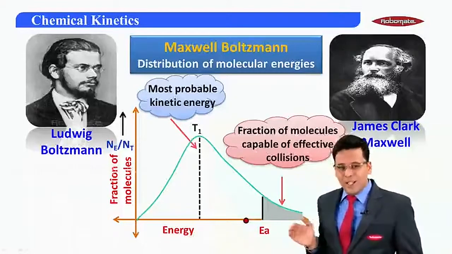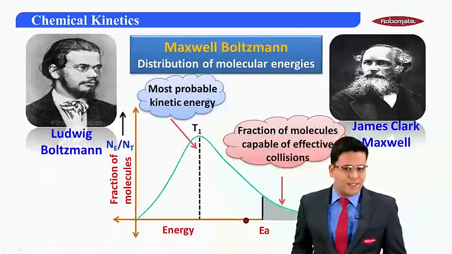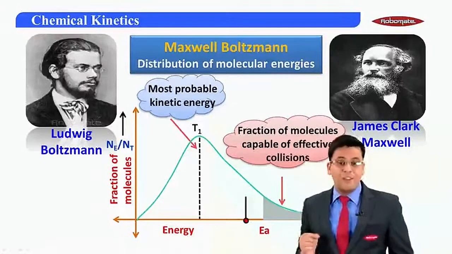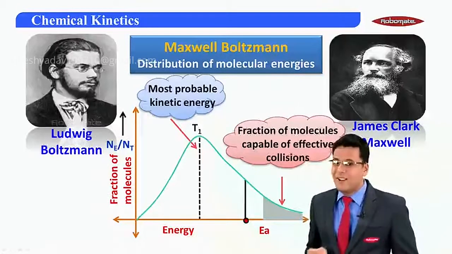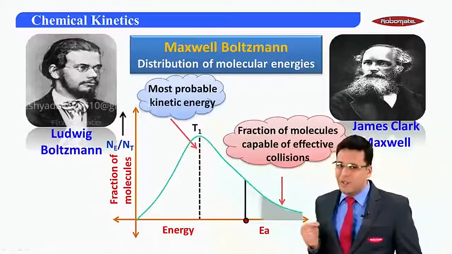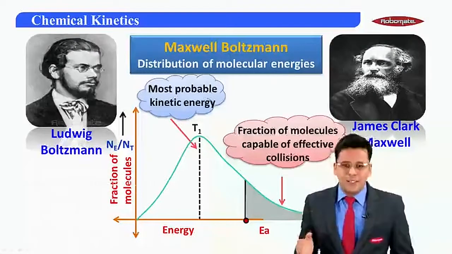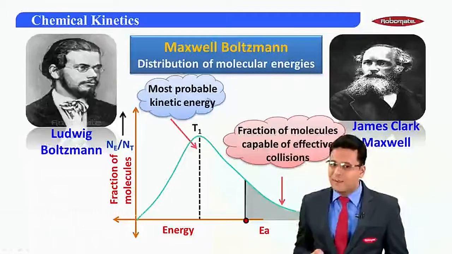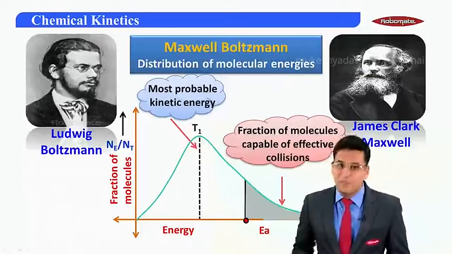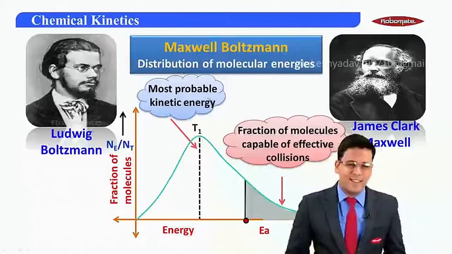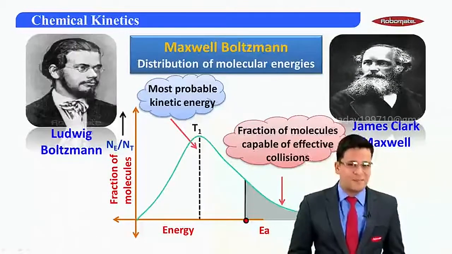And due to the decrease in the activation energy, the fraction of molecules which are capable of effective collisions will naturally increase. So since the activation energy decreases, the fraction of molecules capable of effective collisions increases, and this increases the rate of reaction.